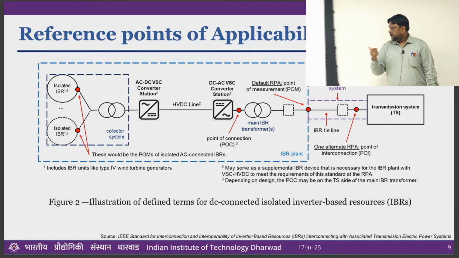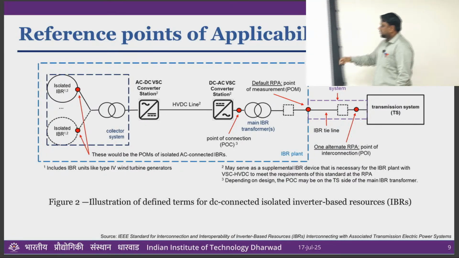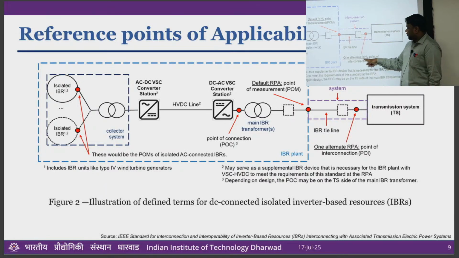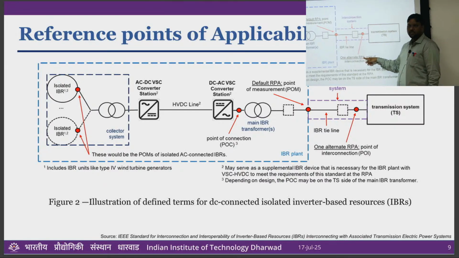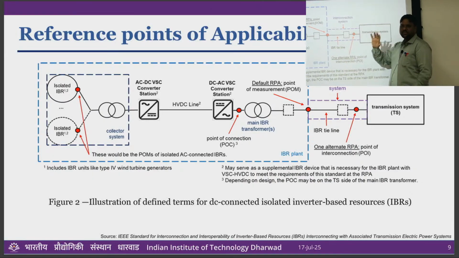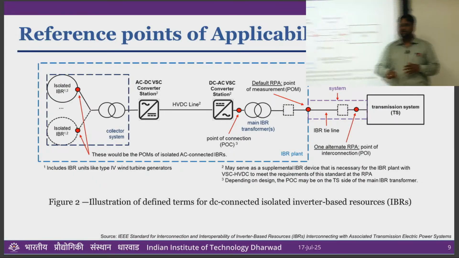Okay. So this RPA is basically the point of applicability. Okay. That is equal to your point of interconnection, meaning every standard in the document refers to this reference point of applicability. Okay.